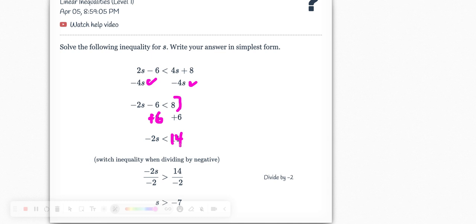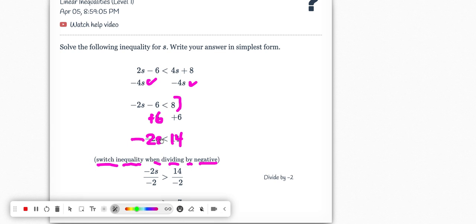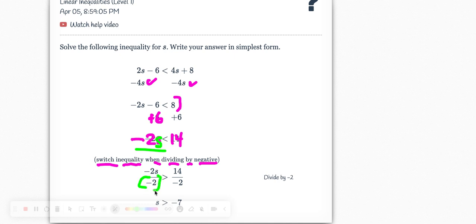But the difference is over here you have negative 2s. Okay, so Delta Math will tell you switch inequality when dividing by negative. So your final step is to get rid of that negative 2 by dividing by -2.